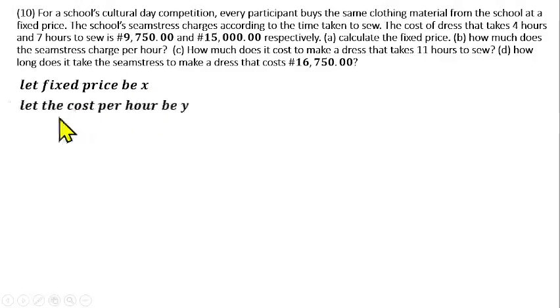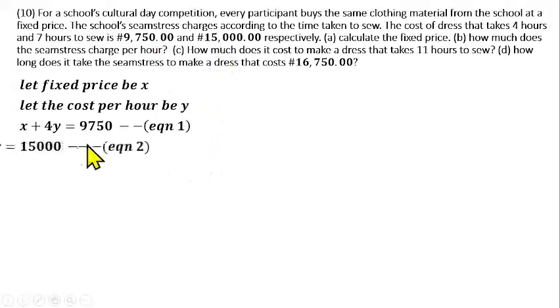We don't know the fixed price, so let x be the fixed price, and we also don't know the cost per hour, so let y be the cost per hour. The seamstress charges based on hours.